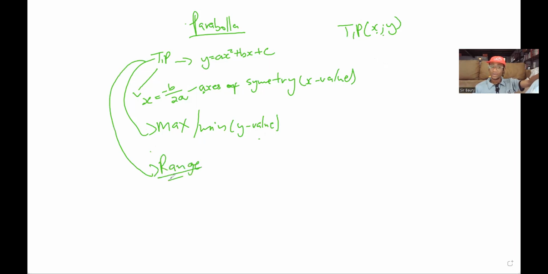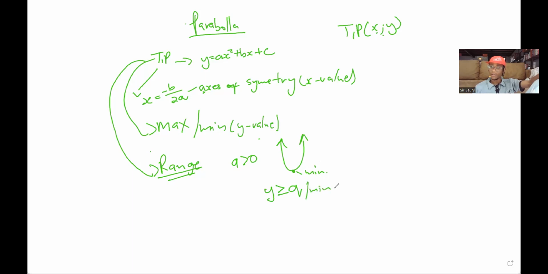With the range, if a is positive, you have a concave parabola. This becomes the minimum, so y is going to be greater or equal to q, or the minimum.